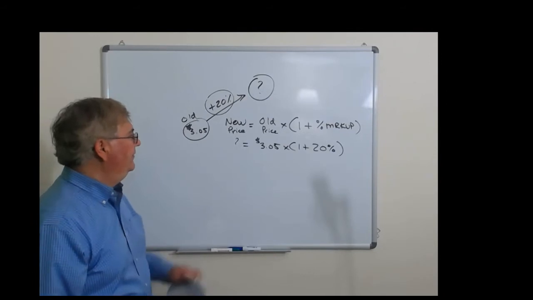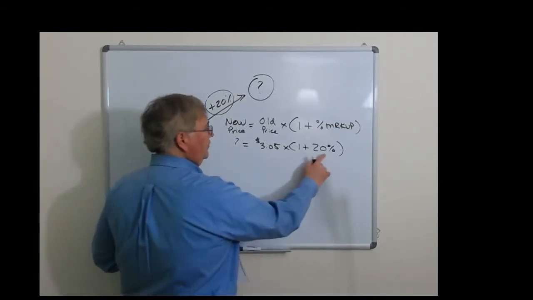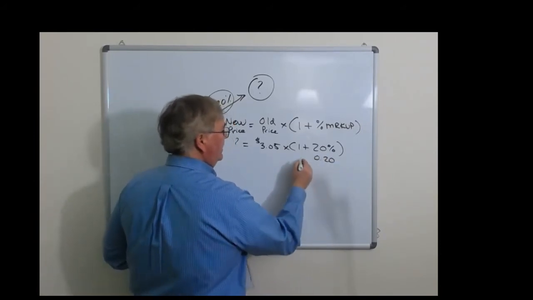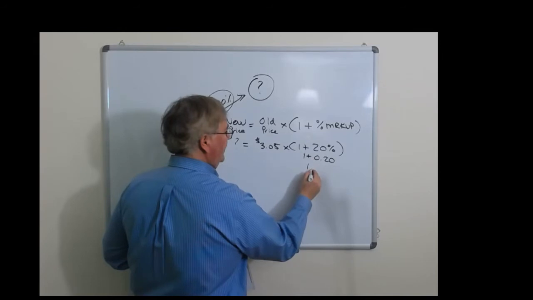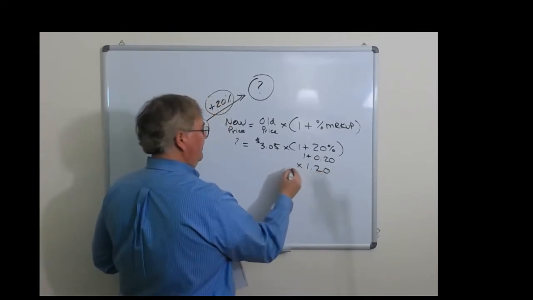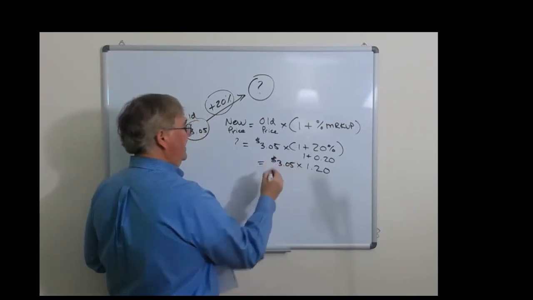And that should help us solve for what the new price is. 1 plus 20%. 20% is the same thing as 0.2. 1 plus 0.2 is 1.2, right? Multiply that by $3.05, and we should get our answer.